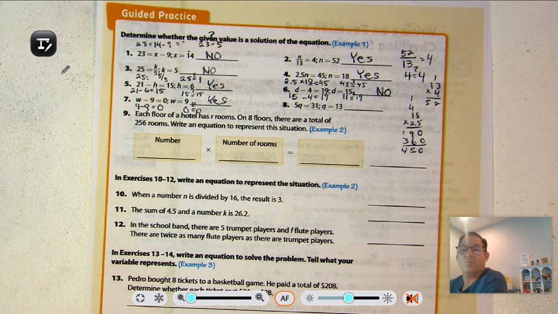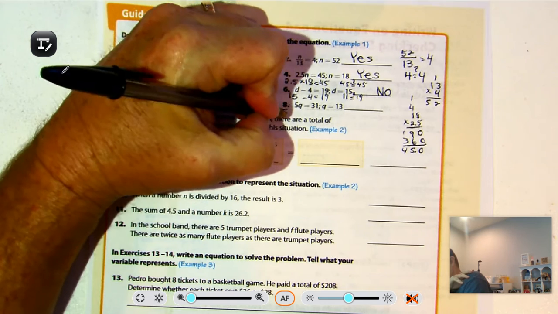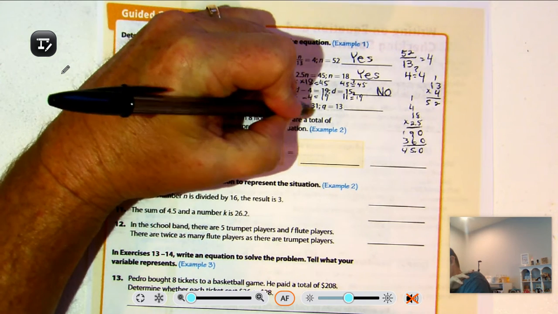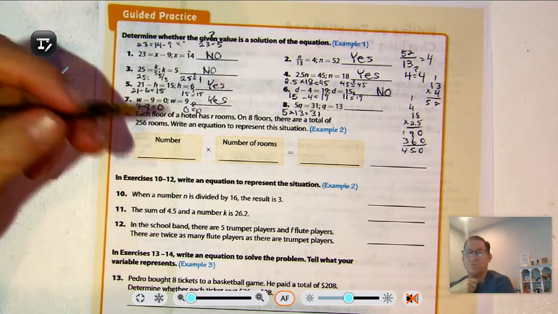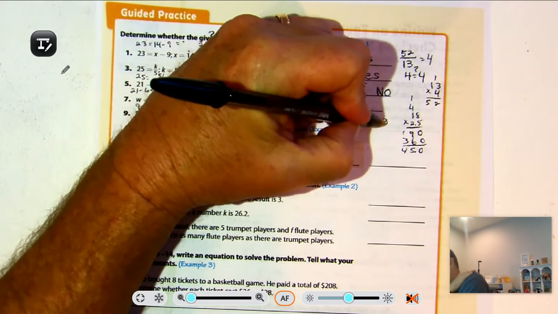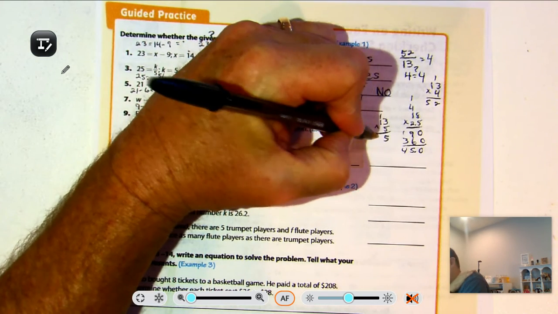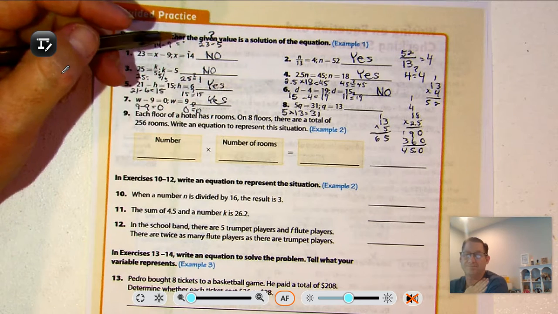Number 8, we have 5 times the product of some number and 5 is 31. And they want us to substitute 13 for q. So 5 times 13, and we have to see, does that equal 31? 5 times 13, well, that's 65.